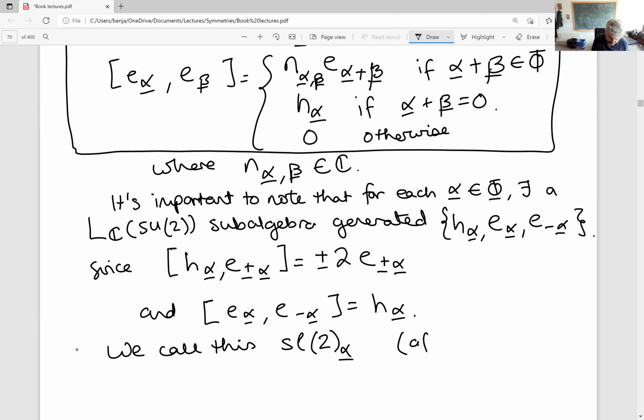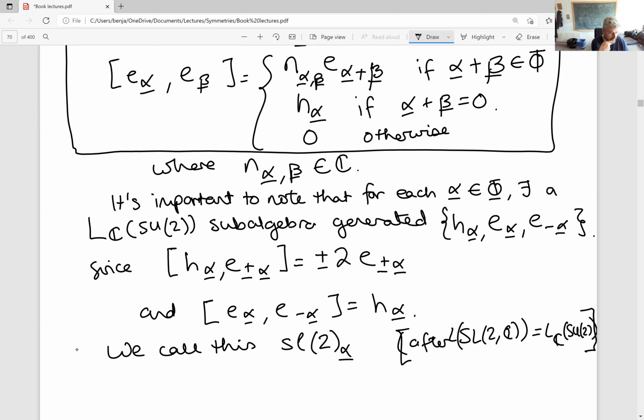So this is after the fact that the Lie algebra of SL2C is the Lie algebra of SU2, as we mentioned a little while ago. So that's where this SL comes from. It's the special linear.